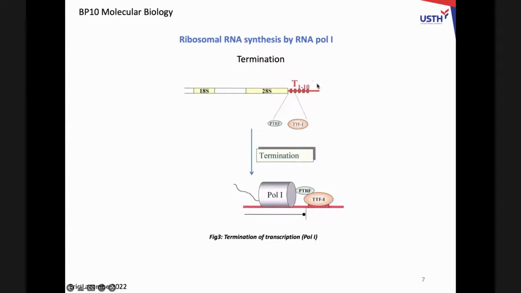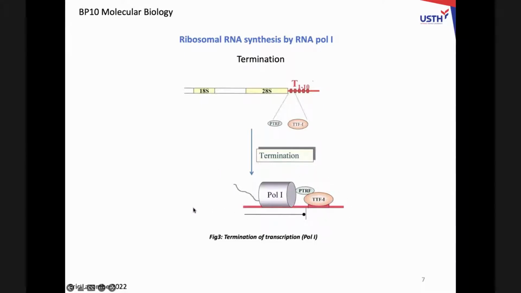The sequences responsible for ending transcription by Pol 1 are at the end of the transcription region, on the DNA, and there are termination factor proteins that recognize the DNA directly to stop the polymerase activity. We see this very clearly in this drawing.